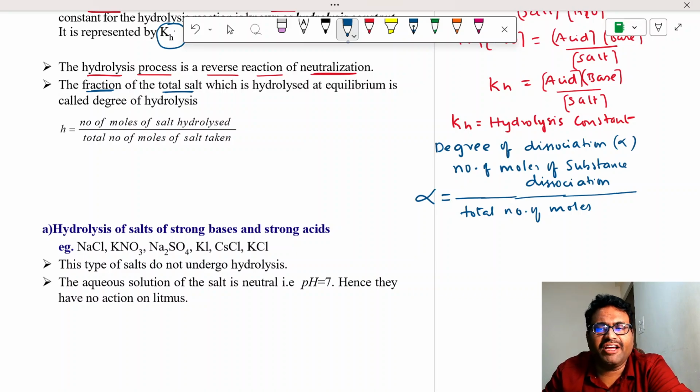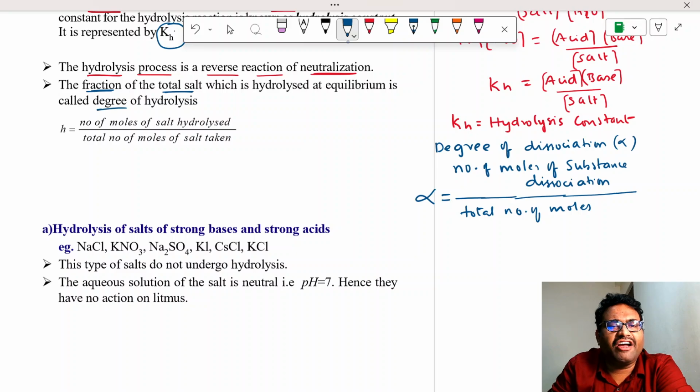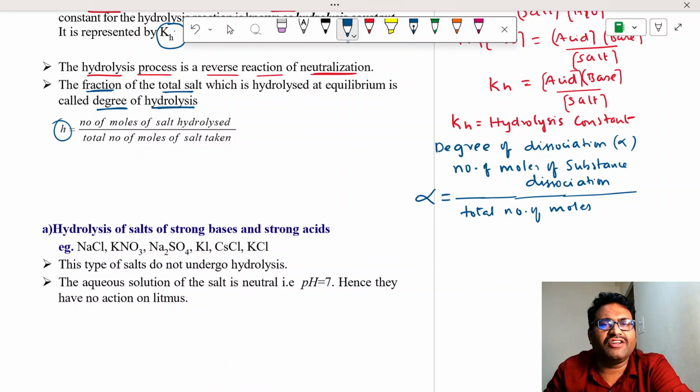In the same way, as we are discussing the process of hydrolysis, we don't use the word degree of dissociation. We use the word degree of hydrolysis. What is this h called, the degree of hydrolysis? It is the number of moles of salt hydrolyzed by total moles.